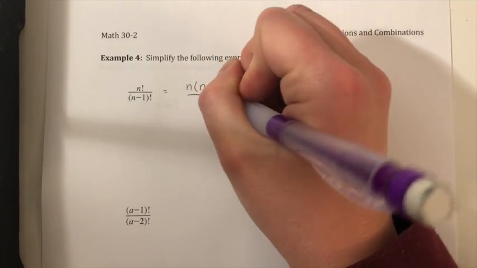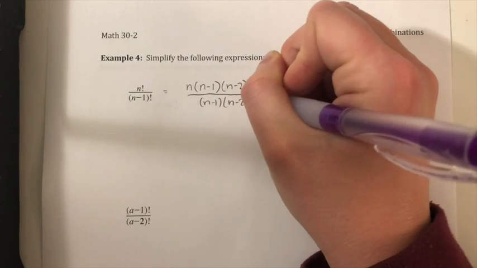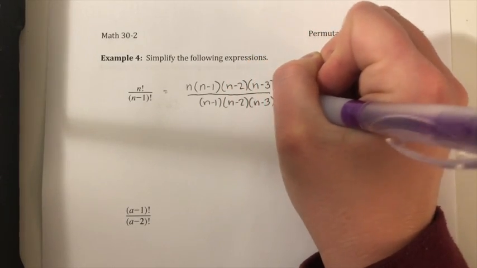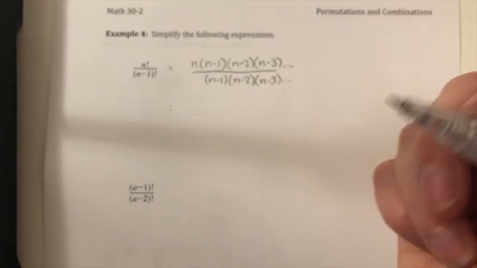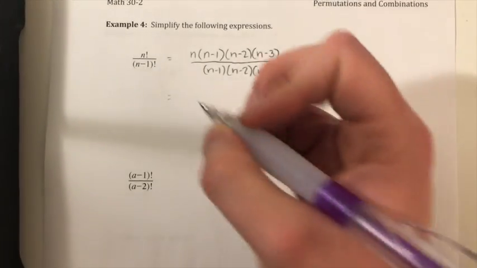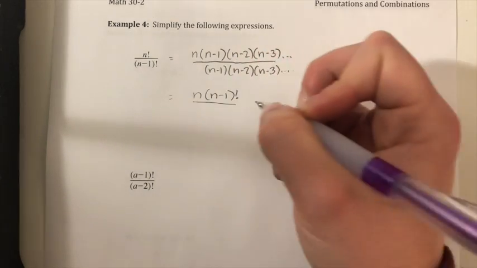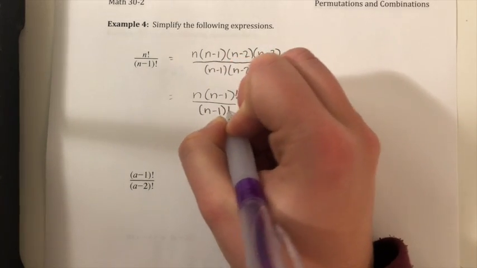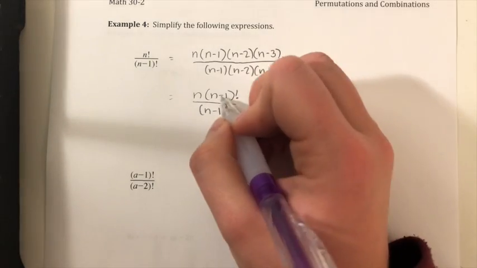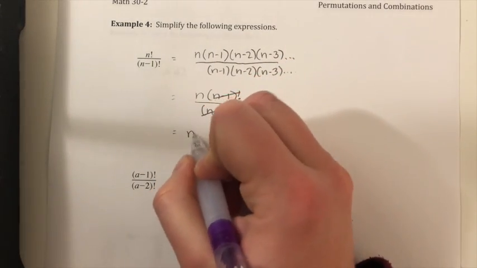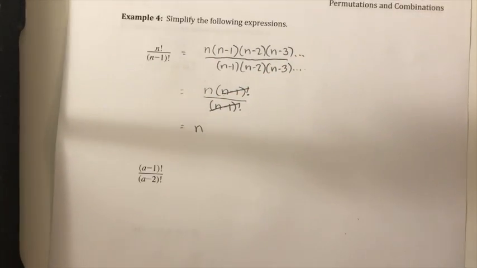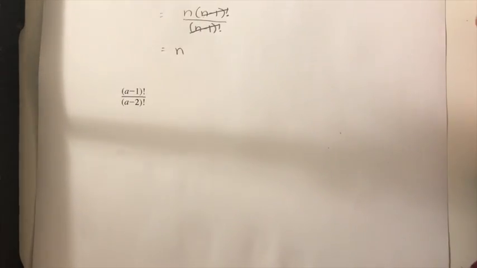And then n minus 1 times n minus 2 times n minus 3, dot dot dot. So we could rewrite that, now that we know what a factorial is, as n times n minus 1 factorial over that n minus 1 factorial that we had. So these two are going to cancel, and we would just be left with n. Okay, same kind of principle here.